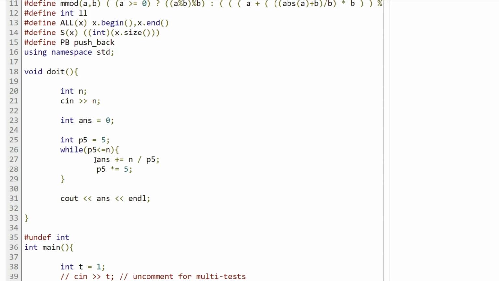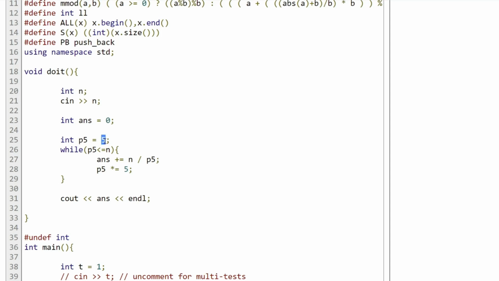So we will append to the answer the occurrences of that power in the range from 1 until n. And how we do that is knowing that we have n numbers essentially, and that every p5 numbers the power will be appearing. So for 5, for example, every fifth number will actually have 5 to the power of 1 as part of its factorization, okay?